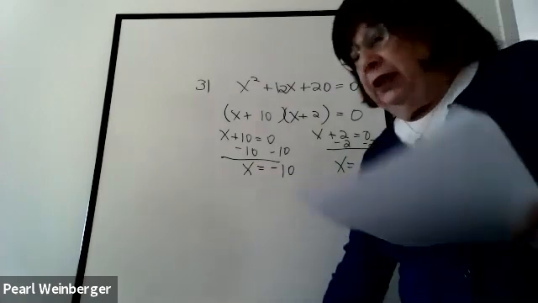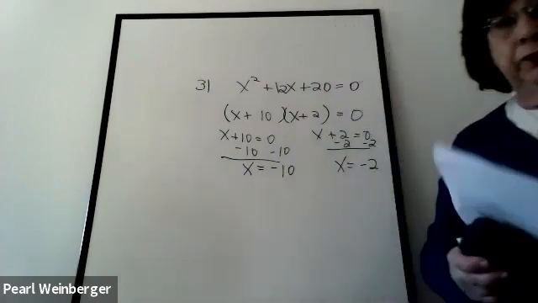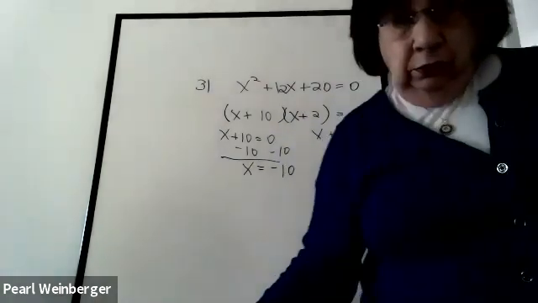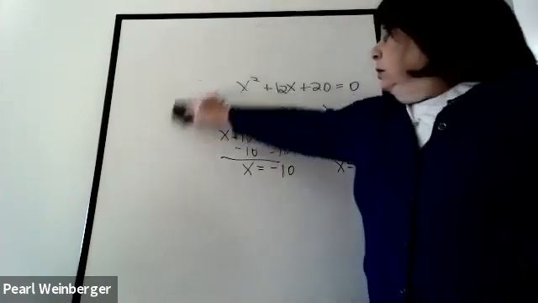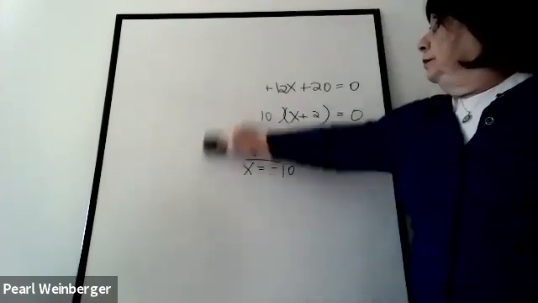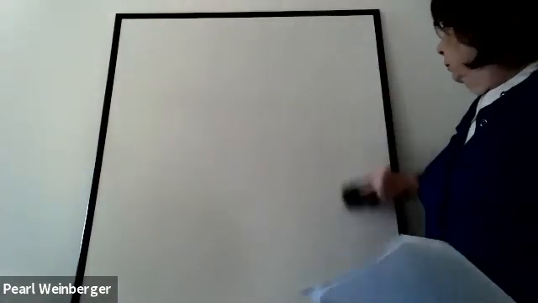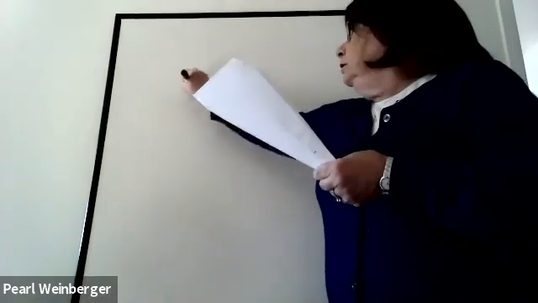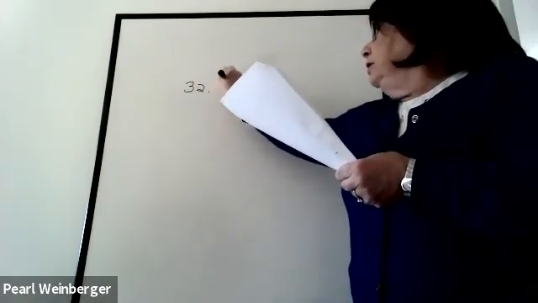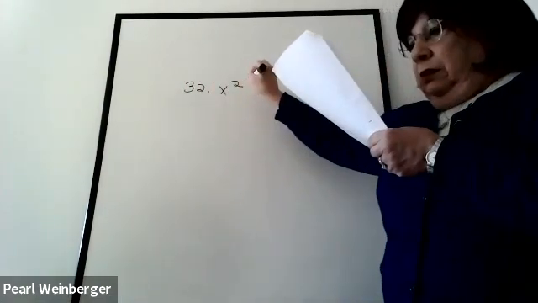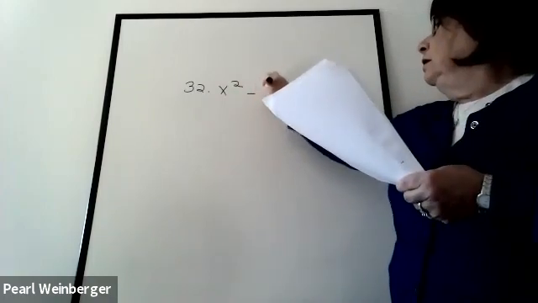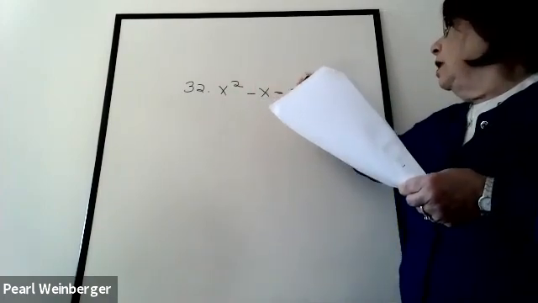Okay, now let's look at number 32. Number 32 gives me x squared minus x equals 30.